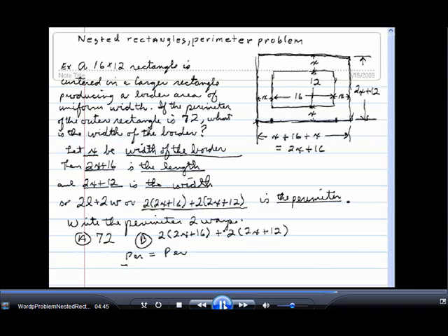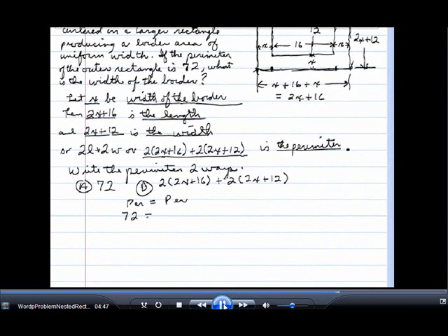So 72 is equal to, and I'm going to go ahead and multiply this out to save a little bit of time. Instead of writing 2 times (2x plus 16), I'm going to write 4x plus 32 plus 4x plus 24.